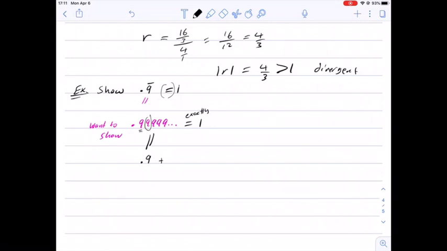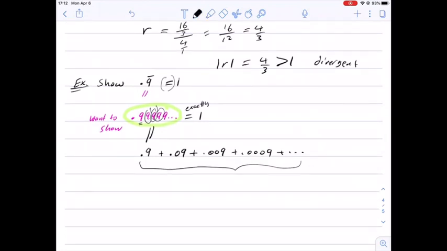So 0.9 plus the second one 0.09 plus the third one 0.009 plus the fourth one 0.0009, and so on. If we add them together, we get this number, 0.9999 infinite and repeated. So this is a geometric series.